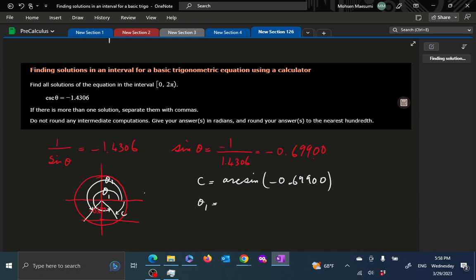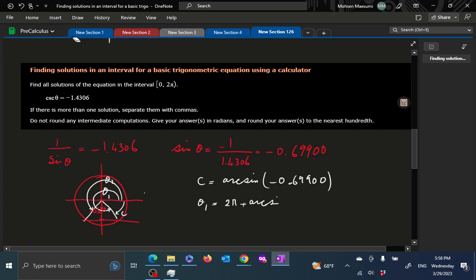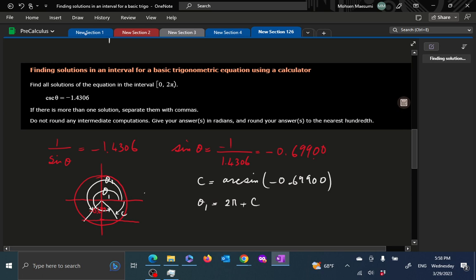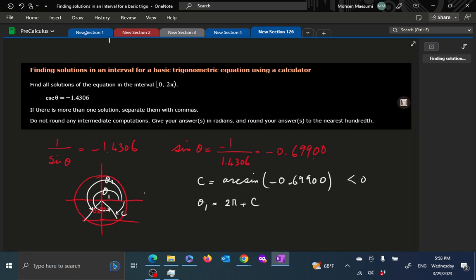Angle 1 is going to be 2 pi plus arc sine of this. Once again, you calculate this with your calculator.